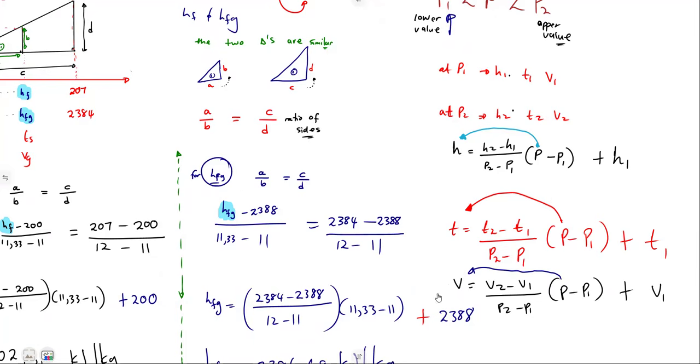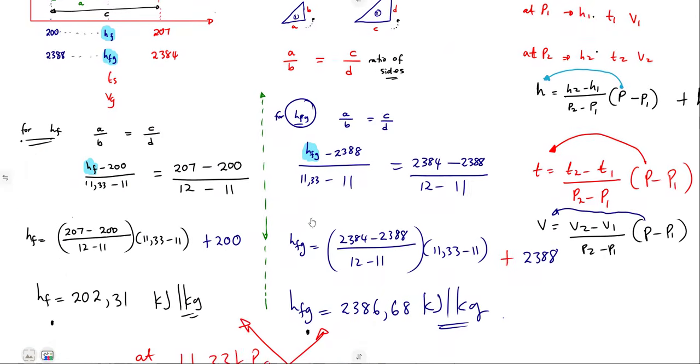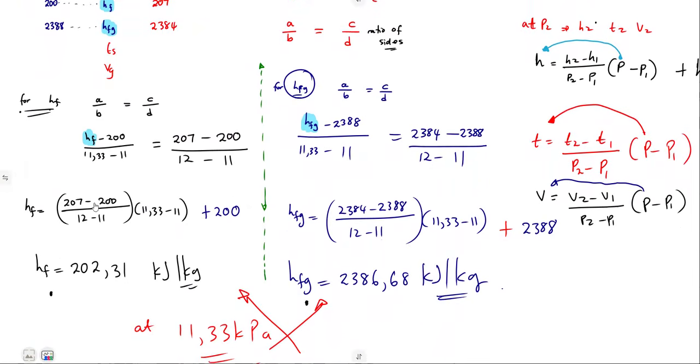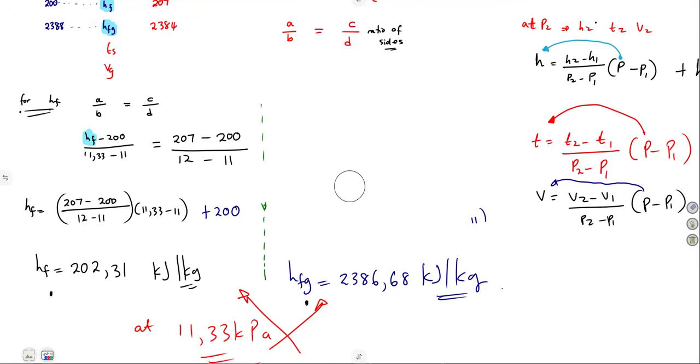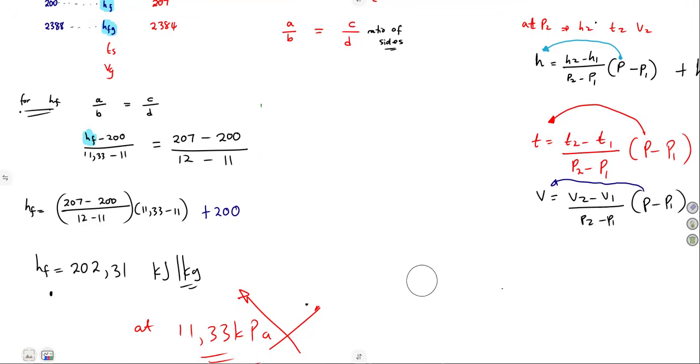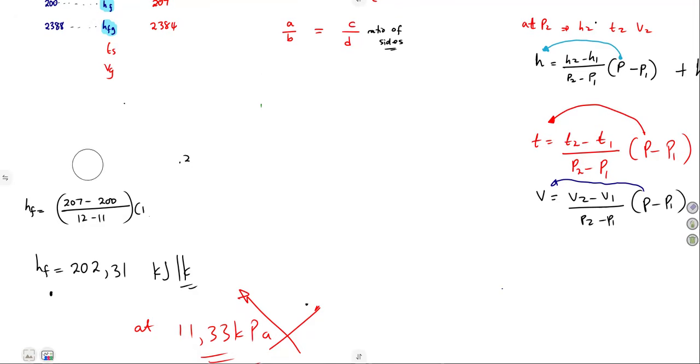This is the formula that you have. Like what you saw here, calculating your HFG and your HF, if we were to use this formula, guys, we can calculate any corresponding value.